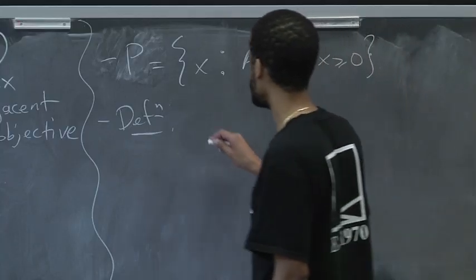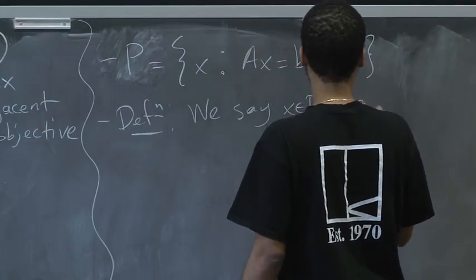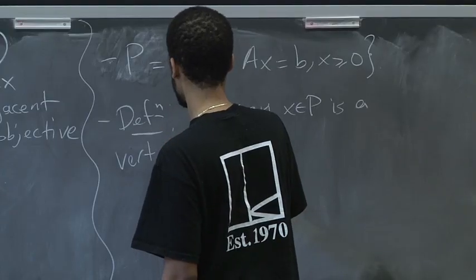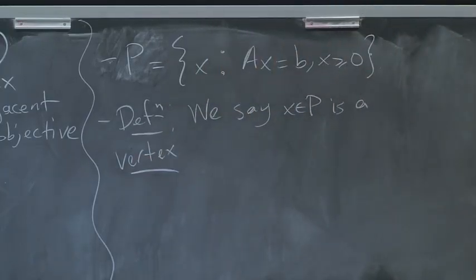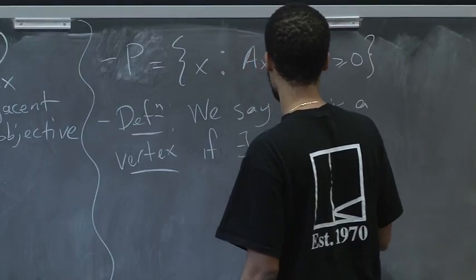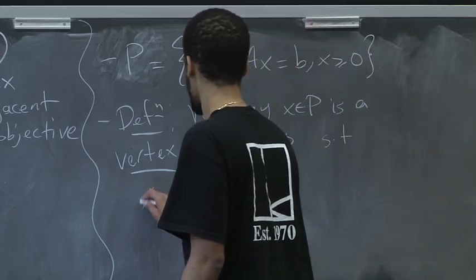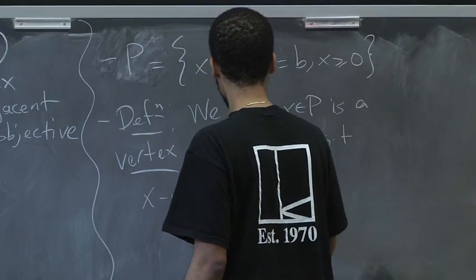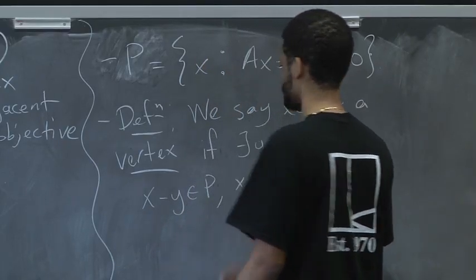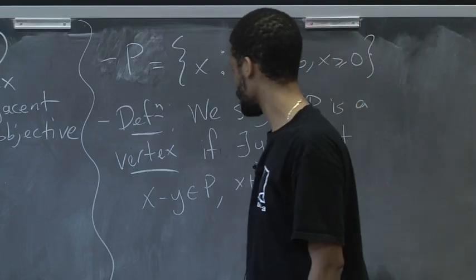We say x in P is a vertex if there exists a vector y which is not 0, such that x minus y is in P, and also x plus y is in P. Okay, so that's what I mean by a vertex.